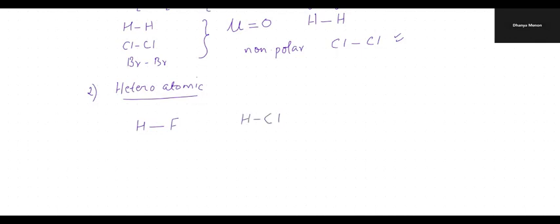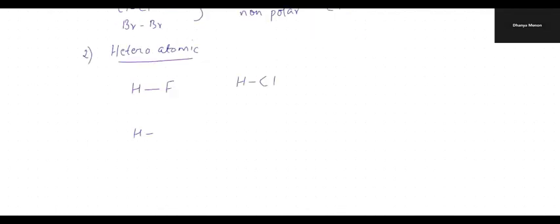Then I have HBr, heteroatomic, HI, also heteroatomic. So here there is electronegativity difference. So they will attain positive and negative charges. Poles are formed. Here also there is difference in electronegativity. Poles are formed. Here also there is electronegativity difference. Poles are formed.